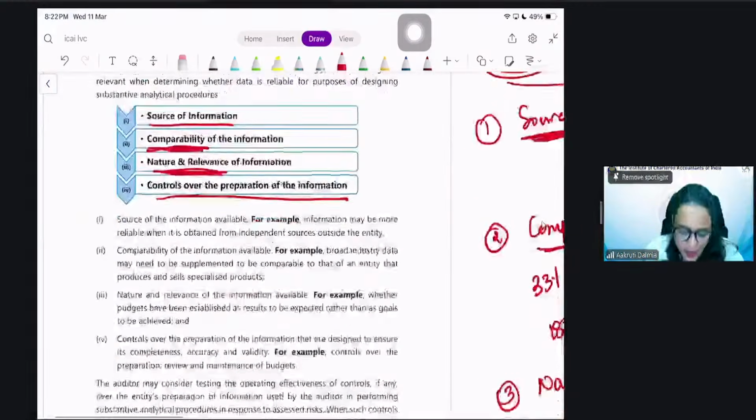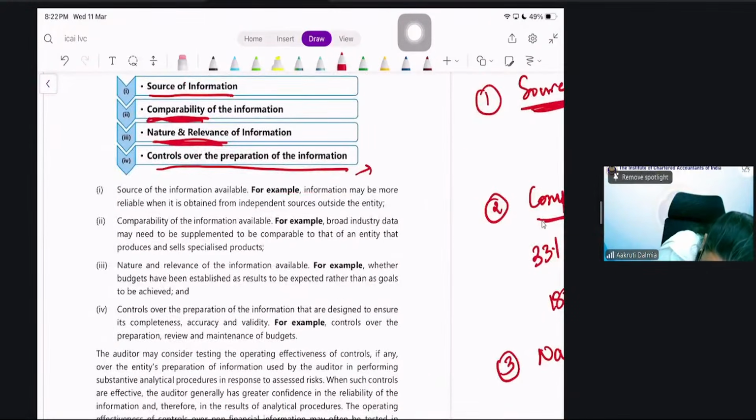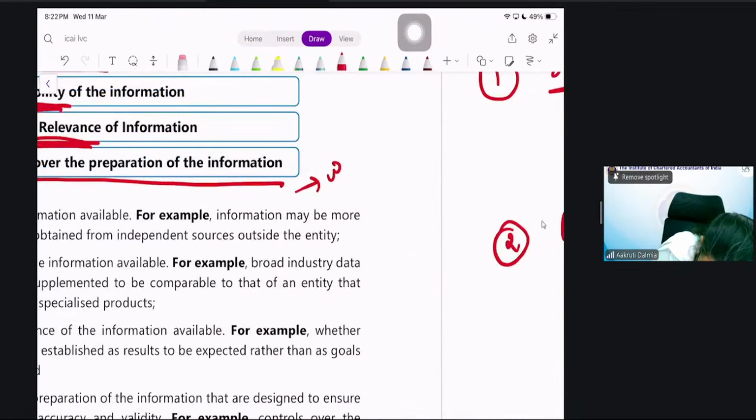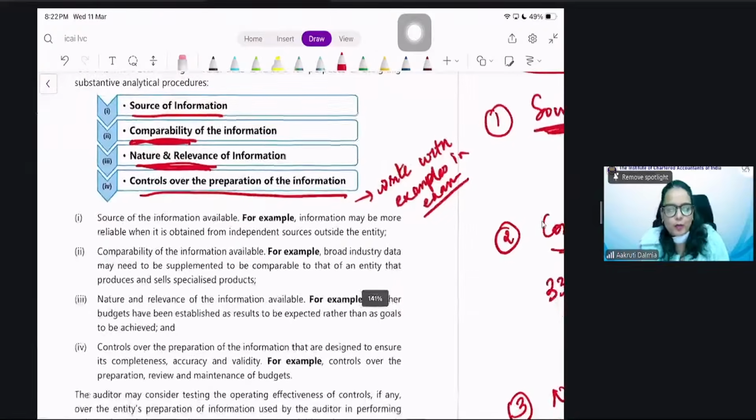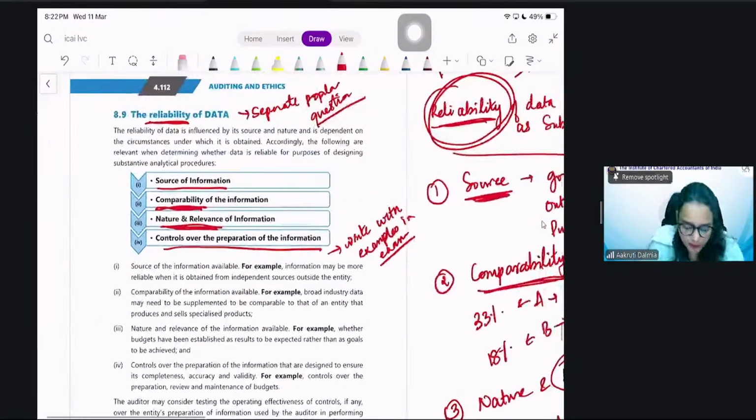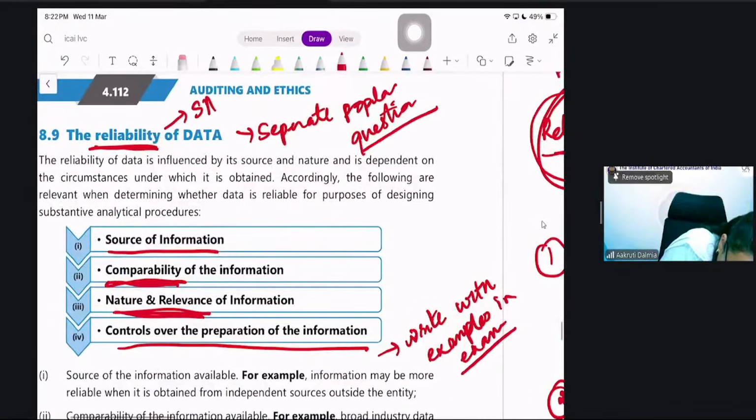So how to check reliability? Now this you will write with examples in exam. So if you get this question for 4 marks, plus mention SA 520.